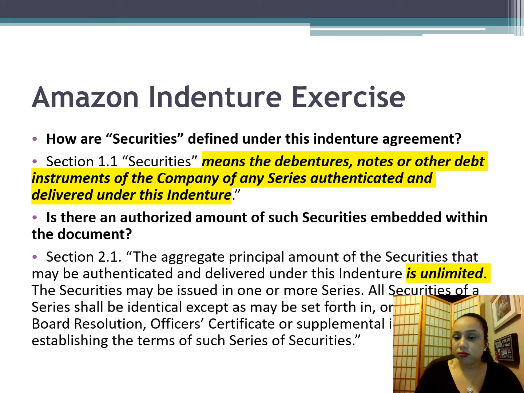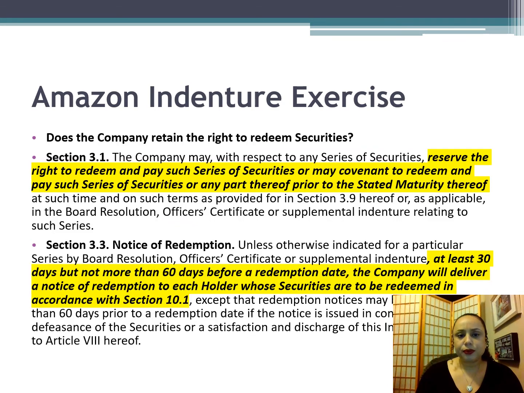But here, there is no such requirement to have an authorized amount of shares. In section 2.1, the aggregate principal amount of the securities that may be authenticated and delivered under this indenture is unlimited. Okay, so they don't have to deal with this whole notion of creating a ceiling of authorized shares.